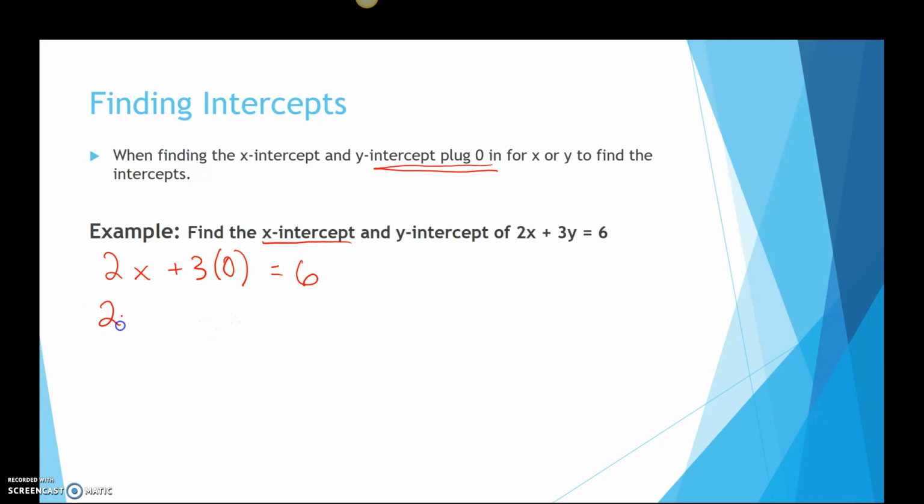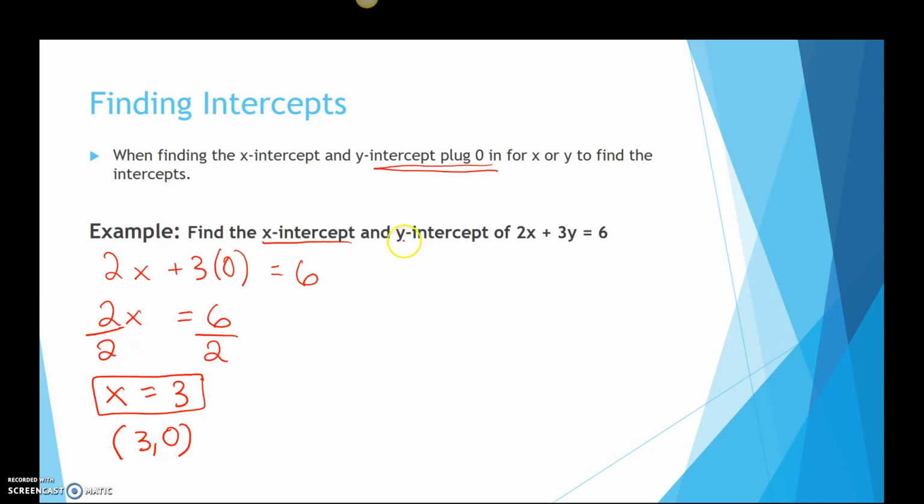So we have here 2x equals 6. I'm going to divide both sides by 2, and we can solve for x by getting x equals 3. So my x-intercept, where my graph crosses the x-axis, is at 3. So x equals 3, but my final answer is going to be written as 3, 0.